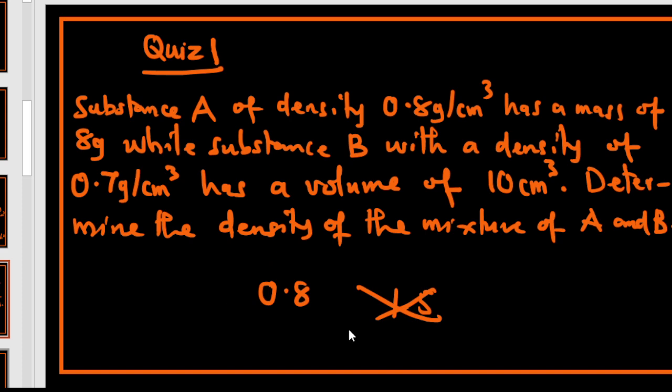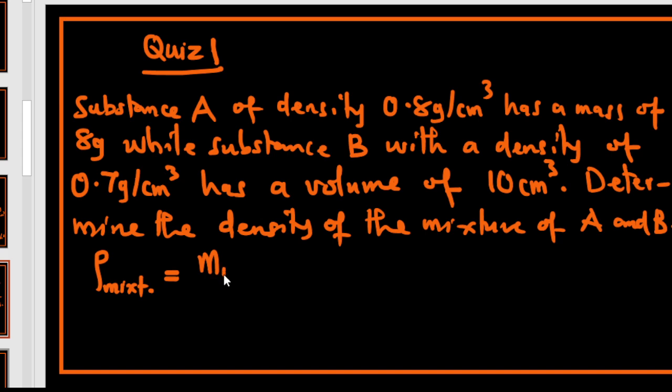So it's important you know that to find the density of a mixture, you need the mass of the mixture and the volume of the mixture. So density of the mixture should be mass of the mixture divided by the volume of the mixture.